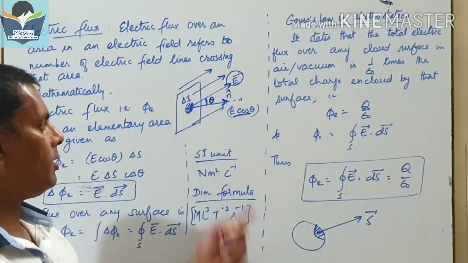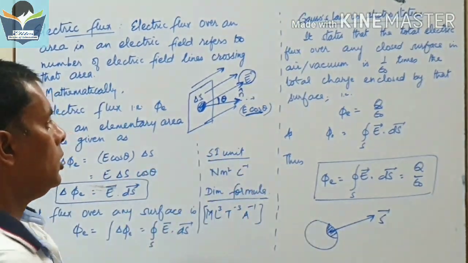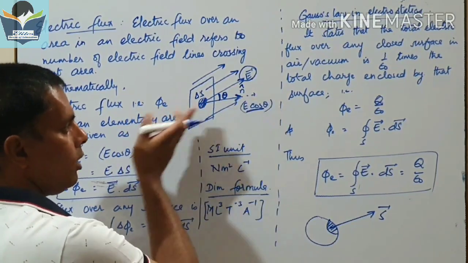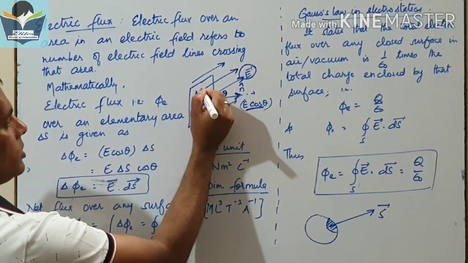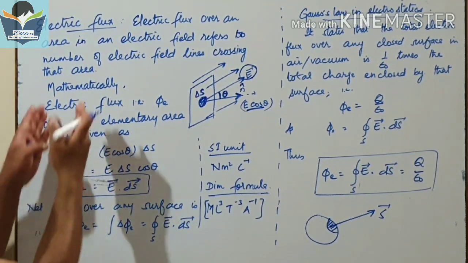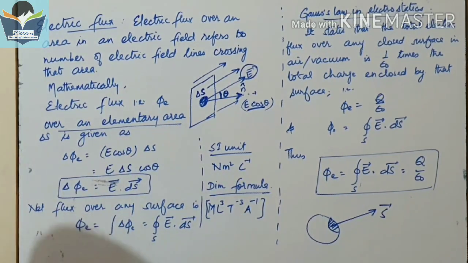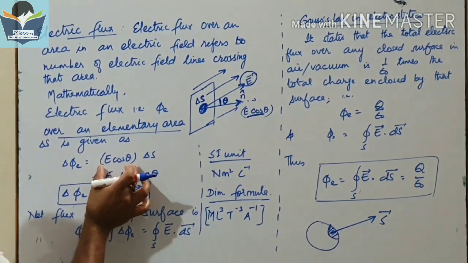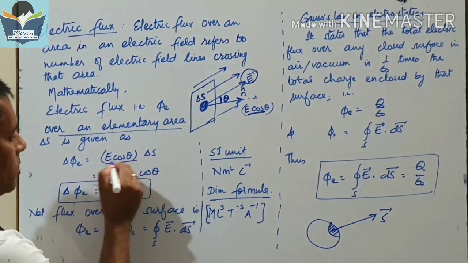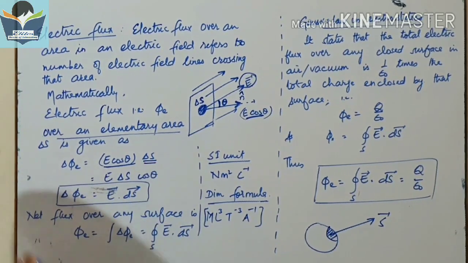But we have to discuss this component, E cos theta, along the direction of the area vector. The area element we have taken into consideration is delta S. So mathematically, the flux about this elementary area delta S can be taken as the product of the field component multiplied by the area.